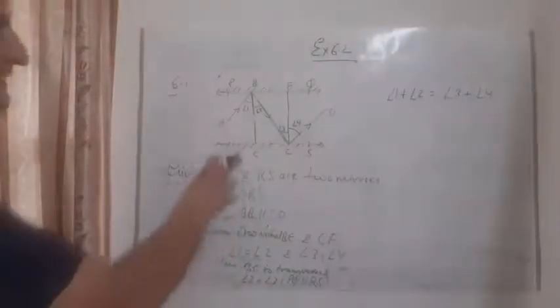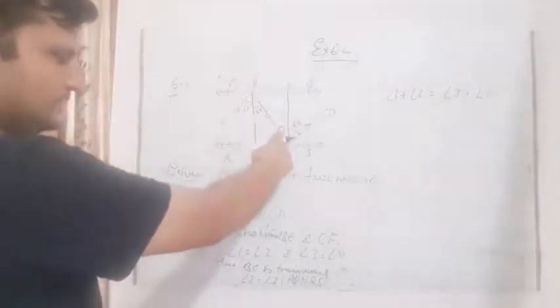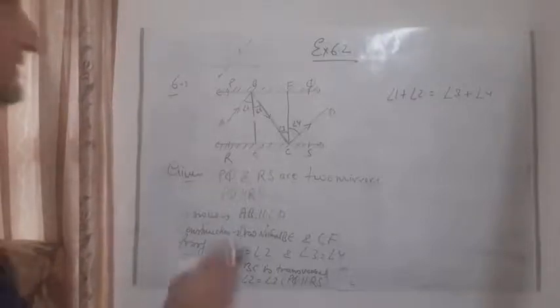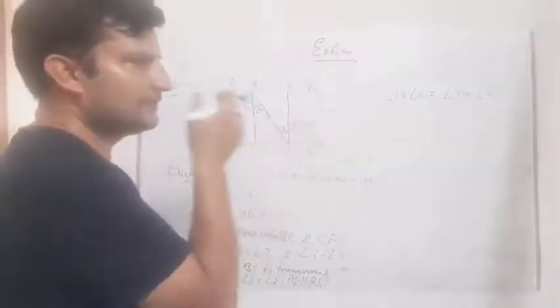How can we say that these two angles are equal? Because, look students, angle 2 is equal to angle 3, which is given. Either you can say that angle 1 is also angle 2, or you can say that angle 1 is equal to angle 4 also.